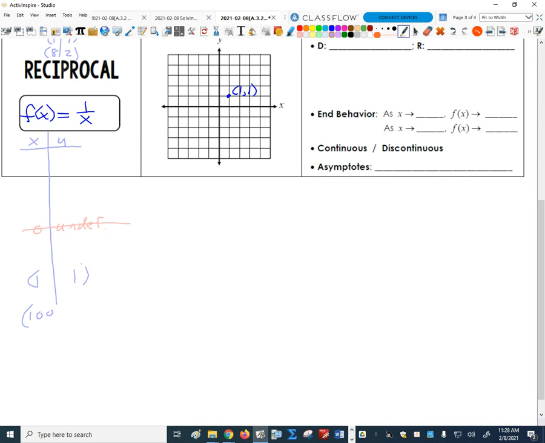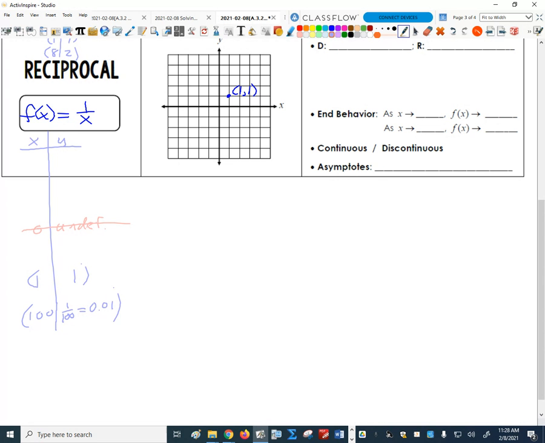What's it going to be? 100 is the same as 100 over 1, right? So what's the reciprocal of 100 over 1? 1 over 100. Okay, that's small, right? 1 over 100 as a decimal is 0.01.